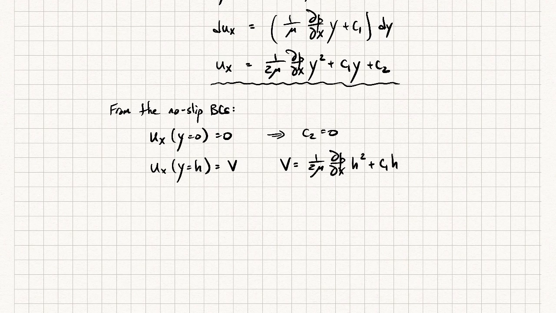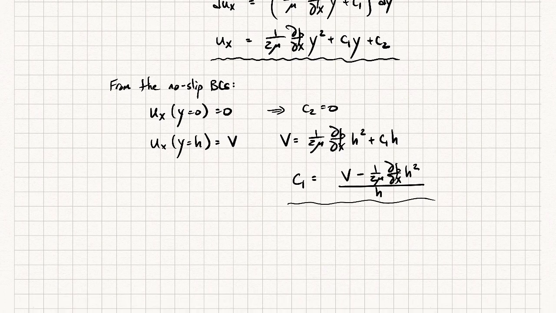We want to solve that for c1, so we'll get the following. So that's our relation for c1, and we can go ahead and plug that back in. So we'll get something that looks like this.